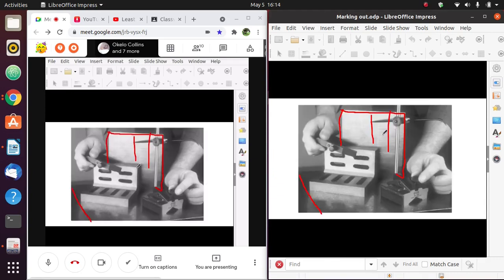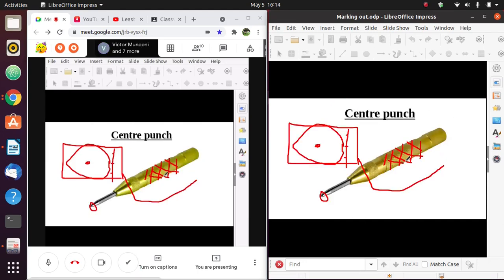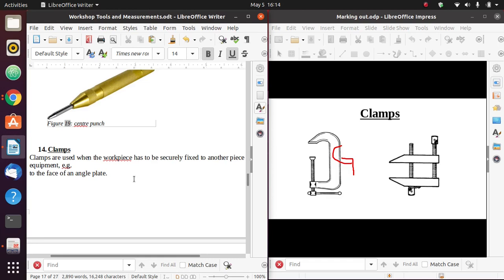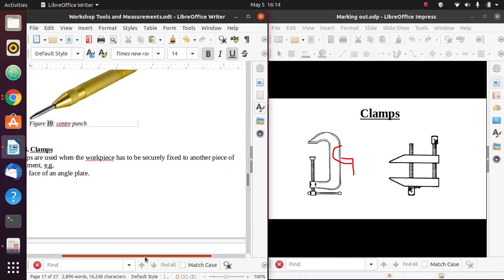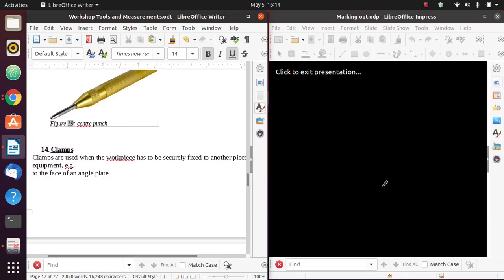This is a clamp that will be used to secure this workpiece onto the angle plate. Now, the most common clamps that we use are these. We have the G clamp, because it resembles a letter G, and we have the tool maker's clamp. These are the most common types of clamp that you'll find being used in the workshop. So they are used to securely fix the workpiece on another piece of equipment.